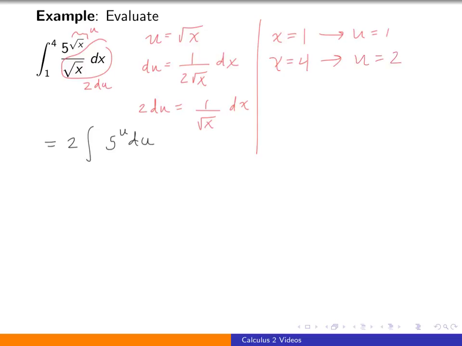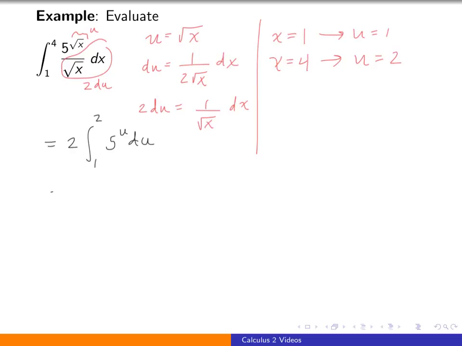So our limits of integration in terms of u is simply 1 to 2. And recall, if you're using a u substitution with a definite integral, the two integrals that we have, the first in terms of x, the second in terms of u, are equivalent. So once we evaluate this new integral, that is our solution. We are done.